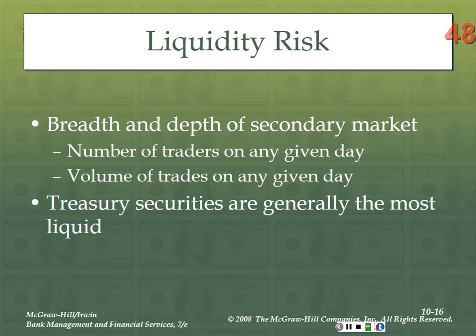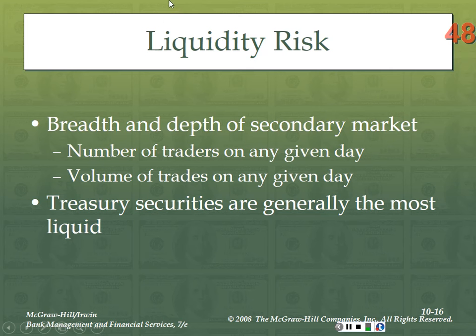Default risk is one. A low level of default risk. That's exactly right. What else? I can't mark it, but I can circle it with my little pointer here. Liquidity.